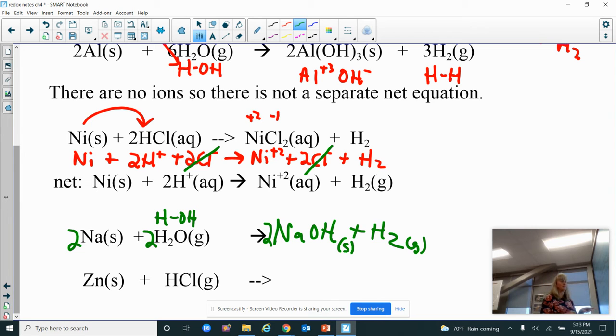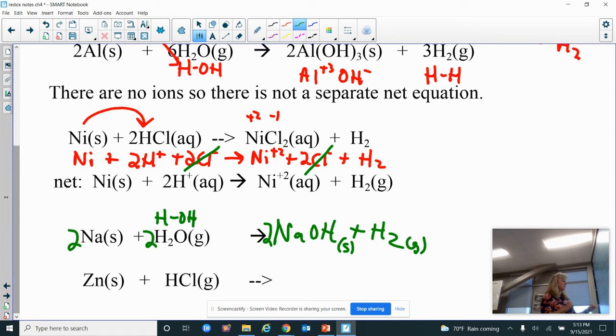There would be nothing canceling though, because the liquid water doesn't split up into ions. The sodium solid is not the same thing as Na plus. So there would not be anything canceled. If this was liquid water, the NaOH would separate into 2Na plus 2OH minus. So it would have an ionic equation if this was liquid water, but as gases, not.